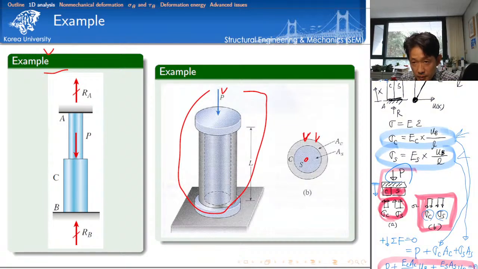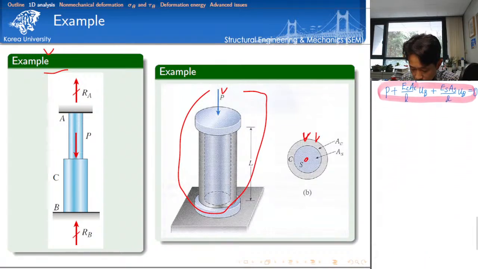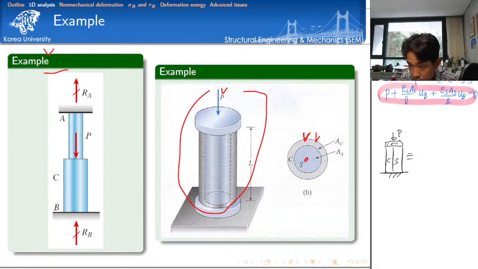And then let's visit the same problem. We can handle the same problem by using the compliance method. The key point in the compliance method is that we have to decompose the structural system. So first, this is the original structural system, copper and steel. And then we want to consider the sum of the structural system in this way.